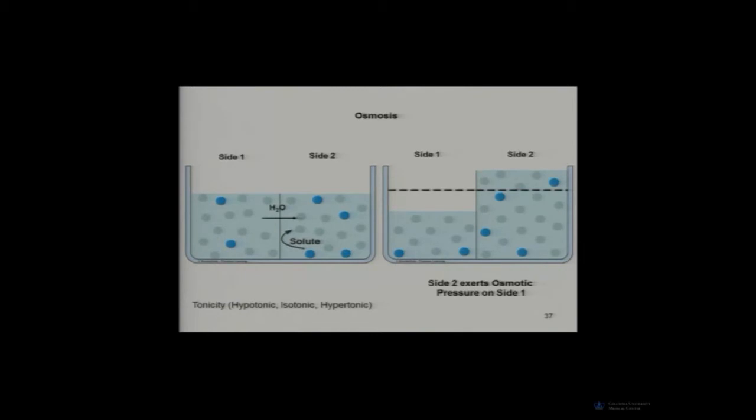The concentration of dark blue circles is higher in side 2. Another way of thinking about this is the water concentration is higher in side 1. There is more water to solute in side 1. So in order to equal the concentrations, water has to move from side 1 to side 2 so that the solutes per volume, that's what concentration means, solutes per unit of volume, is equal on both sides, because the volumes are different.